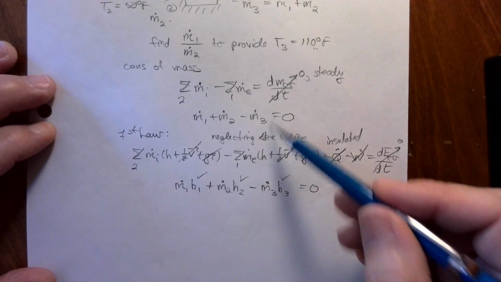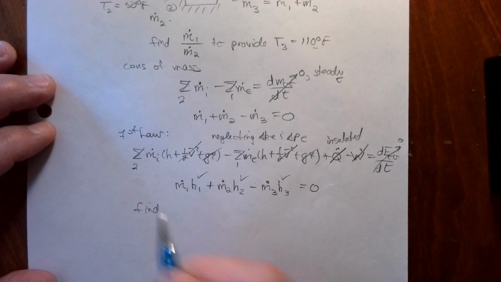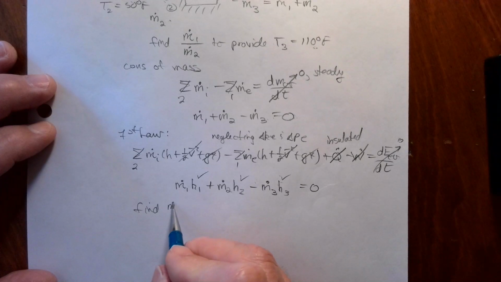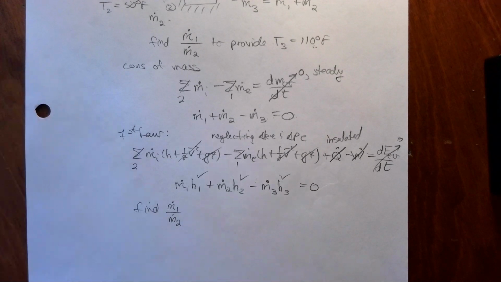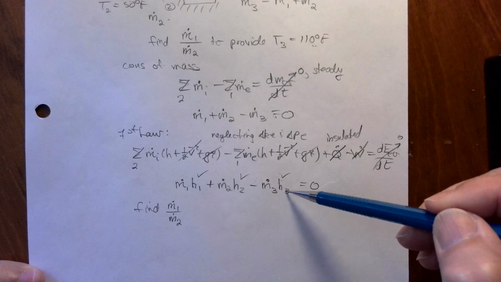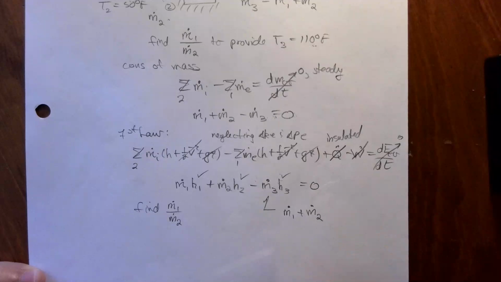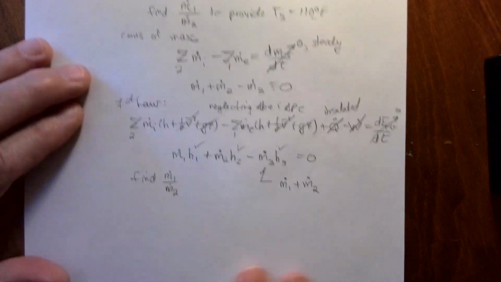So between these two, what we're looking for is the ratio. We need to do some algebraic manipulations to find m dot 1 over m dot 2. What I did is use this equation to eliminate m dot 3, and then divide the equation that's left by m dot 2. I substituted right there: m dot 3 is actually m dot 1 plus m dot 2 with the above constraint.